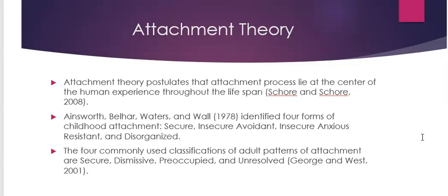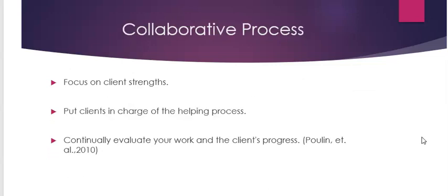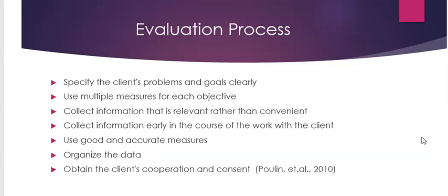And the readings will explain those more. The 4 commonly used classifications of adult patterns of attachment are secure, dismissive, preoccupied, and unresolved. The collaborative process focuses on strengths, puts clients in charge, and work is continuously evaluated.